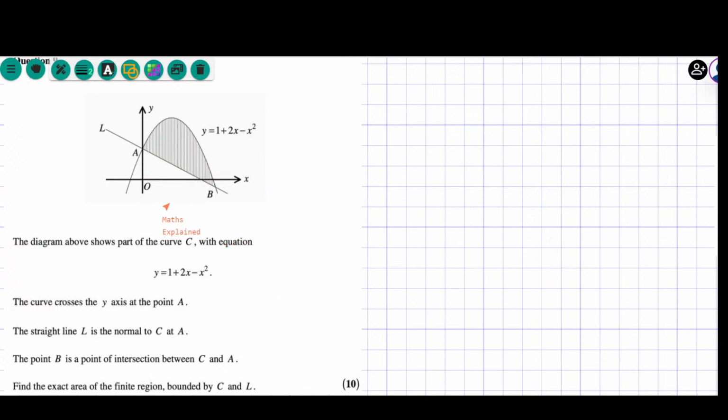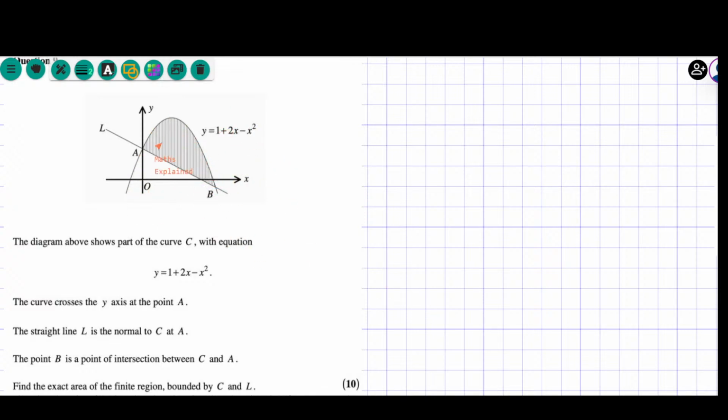One of the great things about integration is that it gives you the area under a curve. Hopefully you've learnt about this already. We're not going to be proving why that's the case. That's a whole separate lesson. But when you take the integral of a function, it gives you the area under that function.